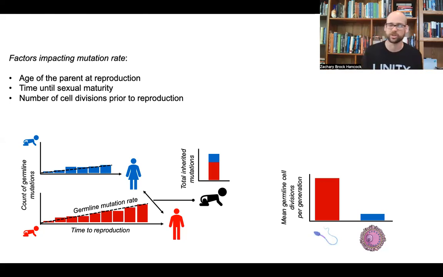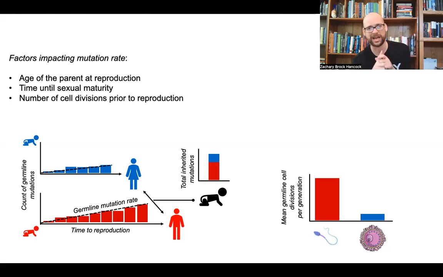Because of this, there are a lot more chances for male gametes to accumulate mutations than female gametes. Even the germline mutation rate from the time of birth to the time of reproduction between the sexes is dramatically different, just because of the number of cell divisions that happen per unit time, right? This helps to explain why we see this strong male bias in the mutation rate.